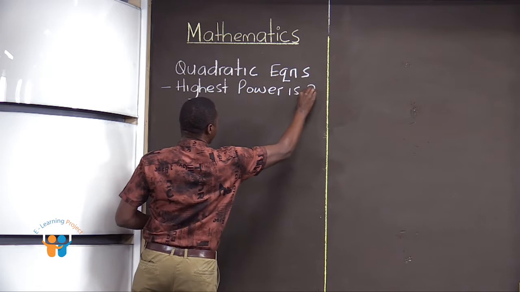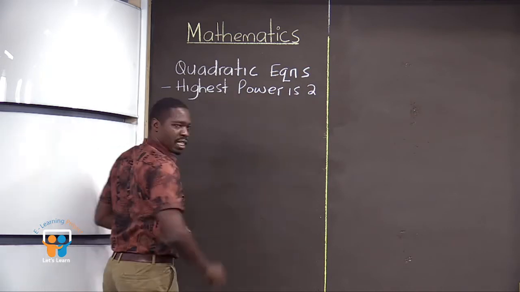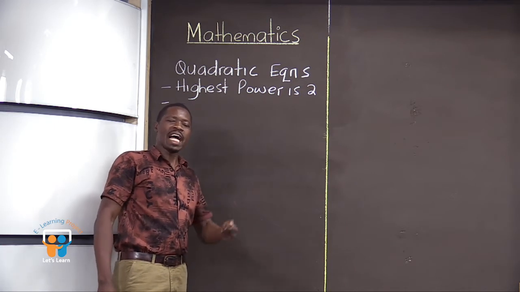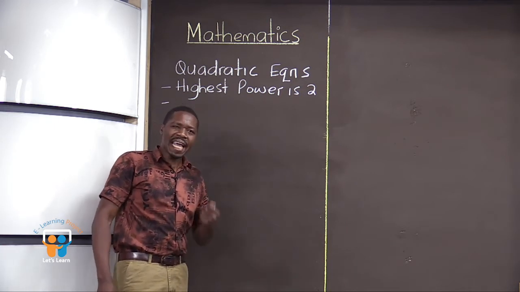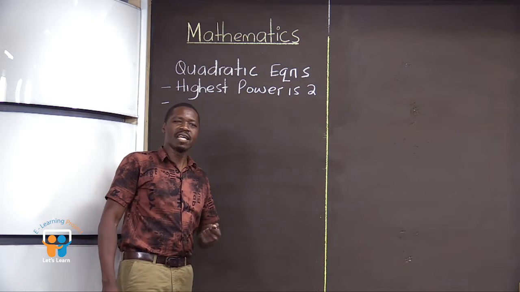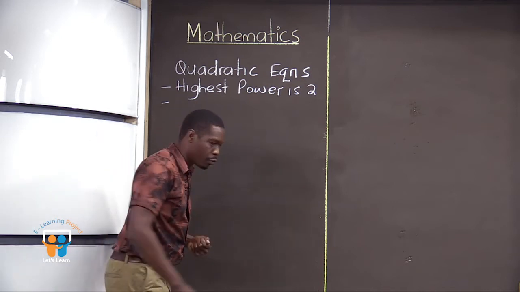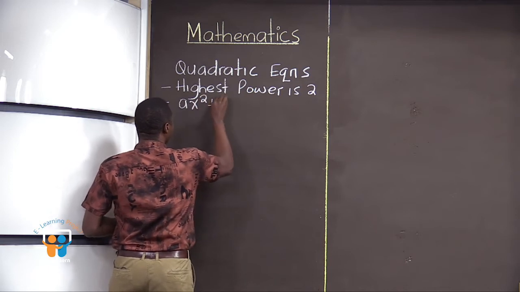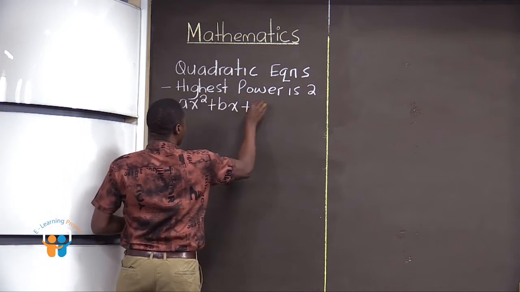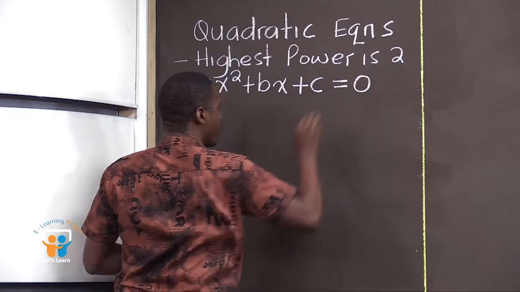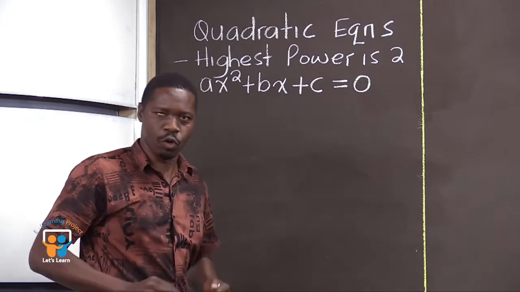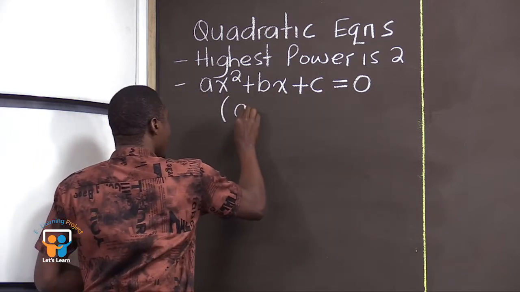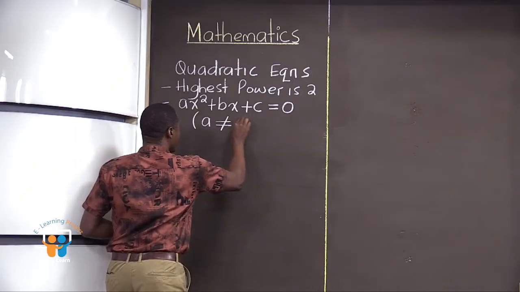Still under quadratic equations, we need to know that these are the types of equations which are written in the form ax squared plus bx plus c equaling 0. And much as it is equal to 0, we also need to know that a is never equal to 0.